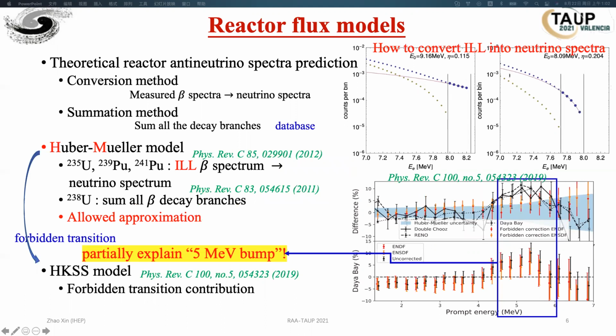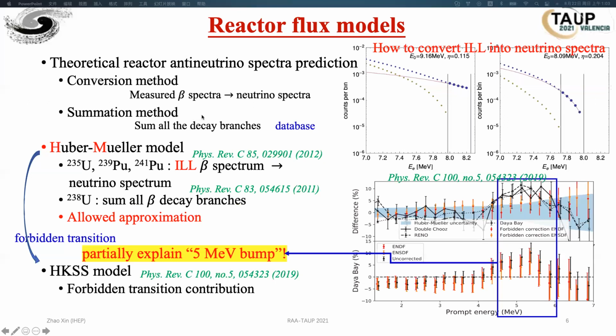Here, these figures show how to convert the ILL beta spectrum into neutrino spectrum. It goes from the high energy range to low energy range, using virtual branches to fit the measured beta spectrum. And the other one is called the summation method.